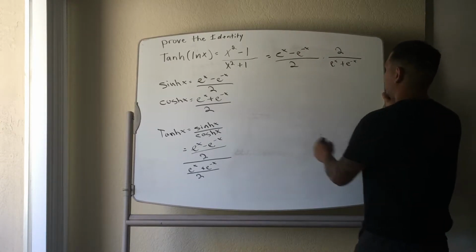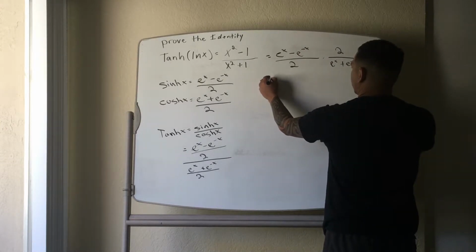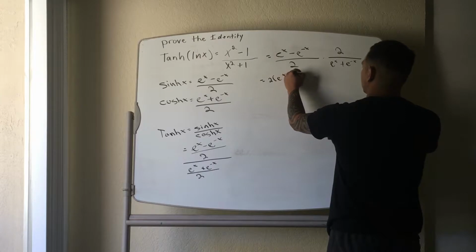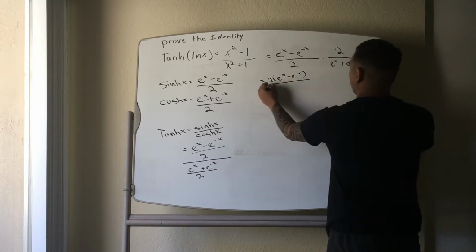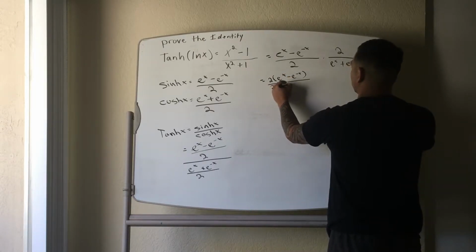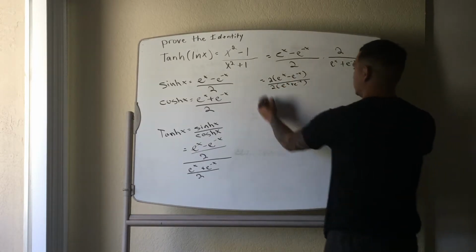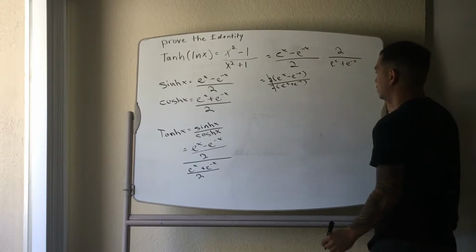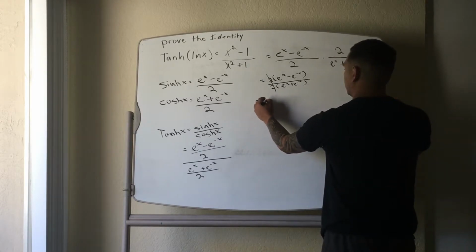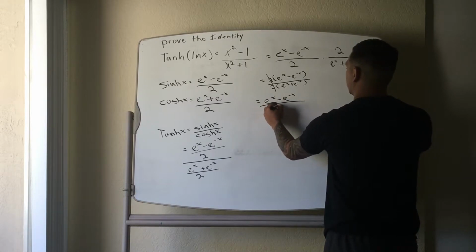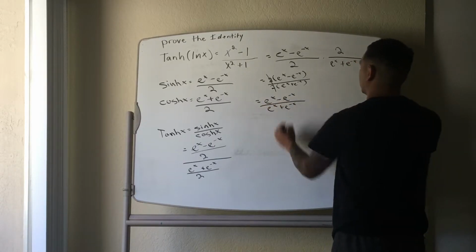The 2, I'll take it a step further, for those that don't see it. 2 times e to the x minus e to the negative x over 2 times e to the x plus e to the negative x. And these just cancel. So now you're left with e to the x minus e to the negative x over e to the x plus e to the negative x.